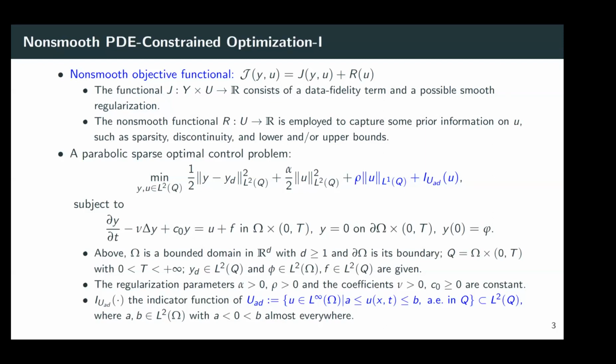So the only non-smoothness comes from the penalization on the L1 norm, and the objective is otherwise smooth. Yes, all the terms are as you have them.